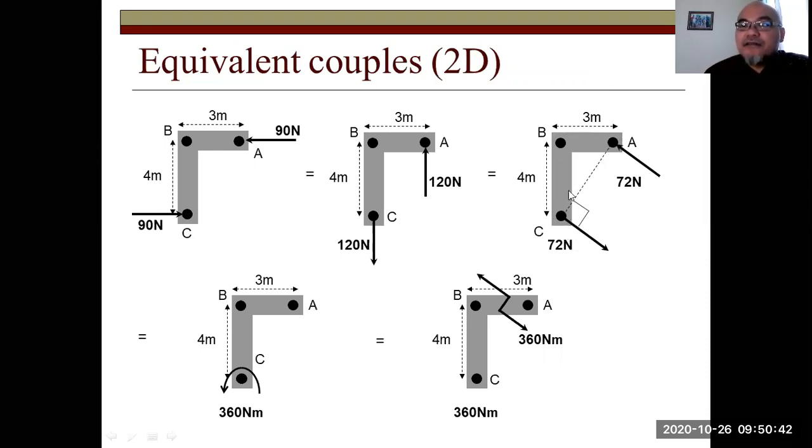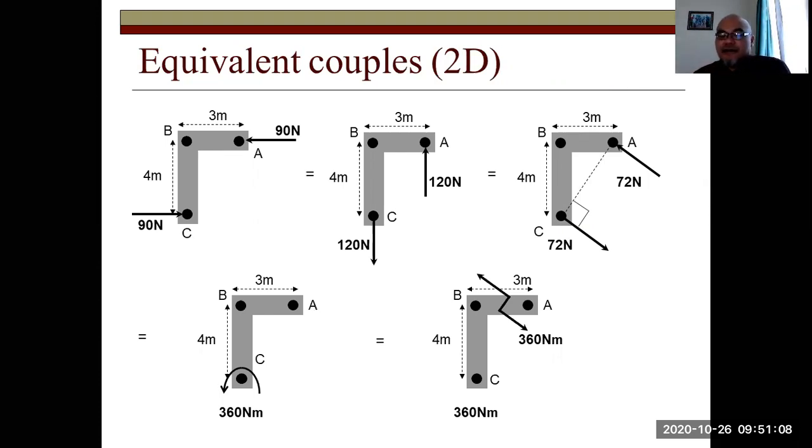If you calculate moment about point C, then you don't calculate the contribution due to this force, only from this force: 72 Newton multiplied by 5. Or you can calculate moment about point A. You don't calculate the contribution due to this force, only the contribution due to this force, which is also 72 Newton multiplied by 5.